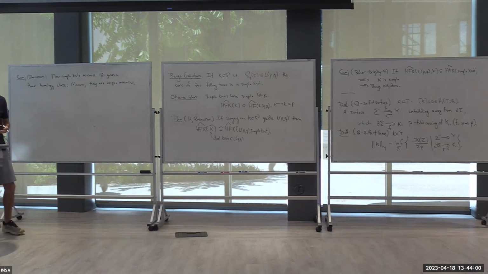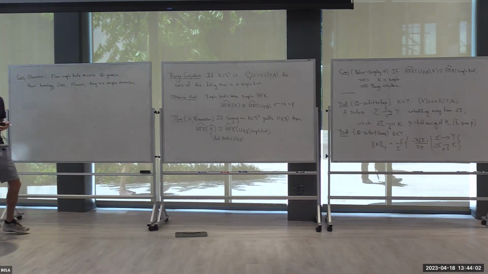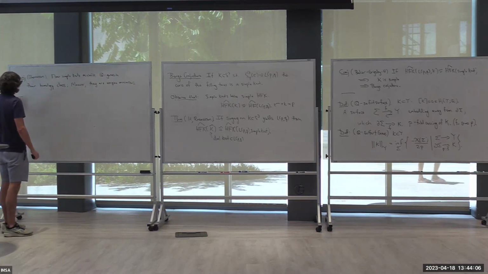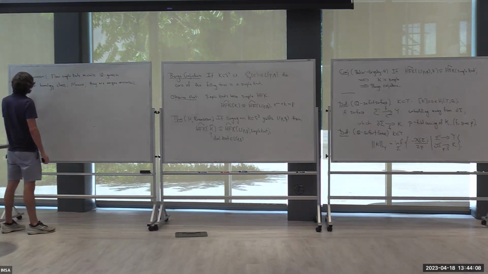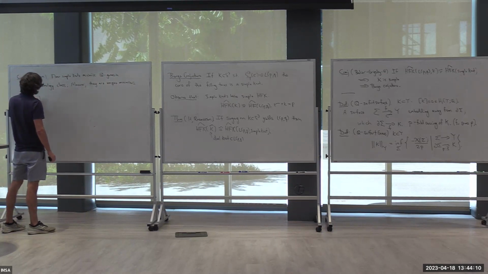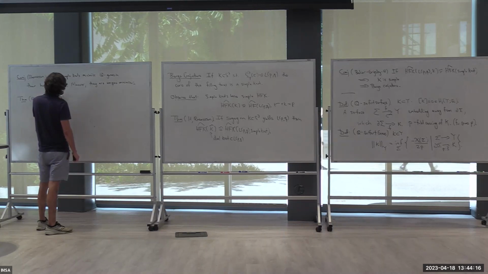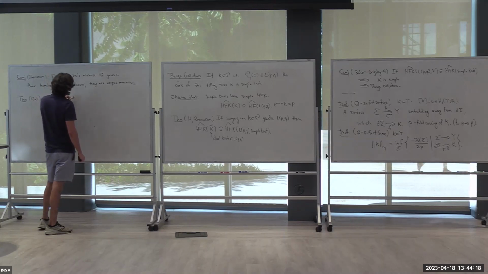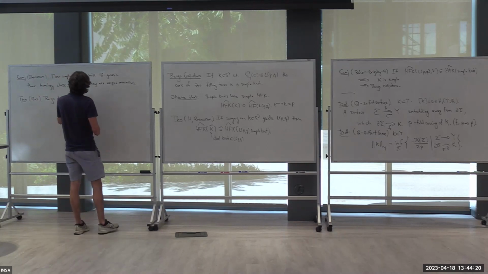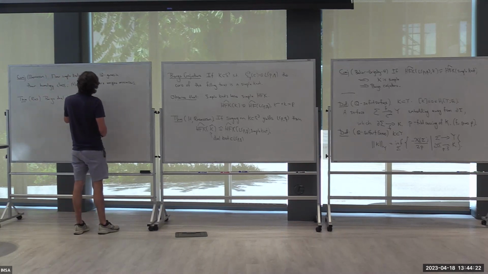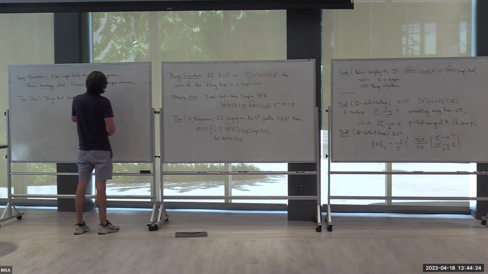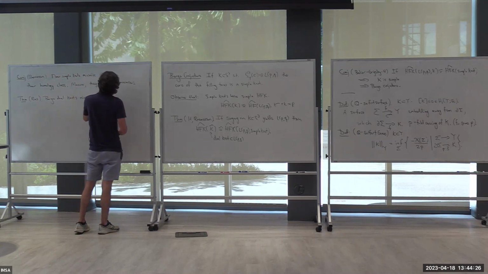Okay, so we have a theorem to this effect. Jake proved that Berge dual knots minimize genus in their homology class.